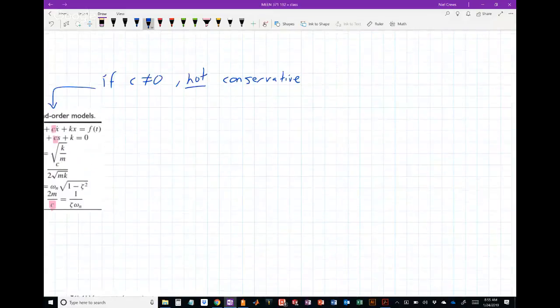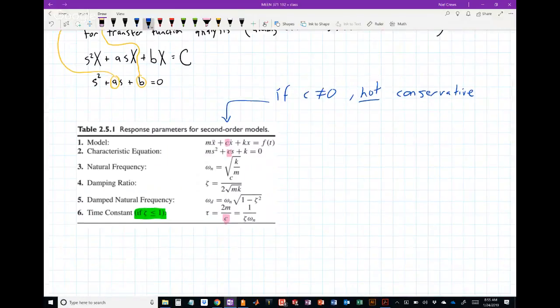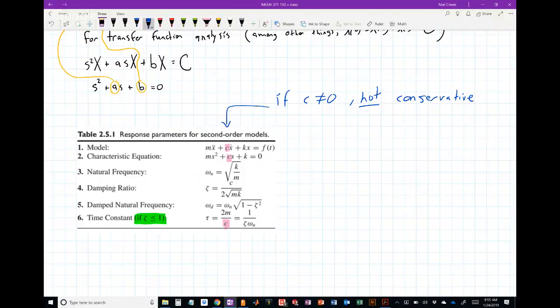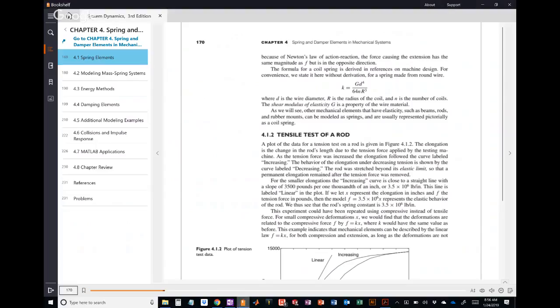We've been doing dampers all along, ever since we started using second order differential equations with an A coefficient or a C coefficient right here. We've been doing dampers. So the solution methods should be familiar to you.